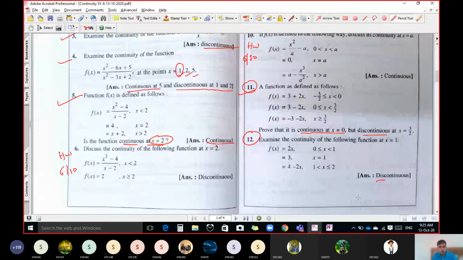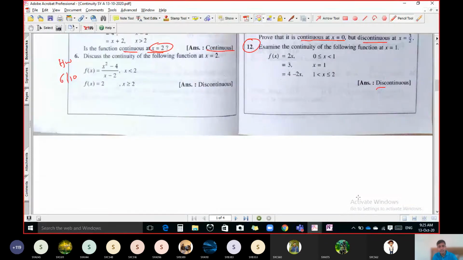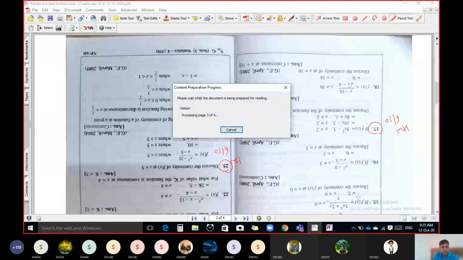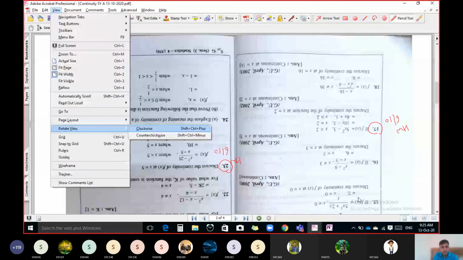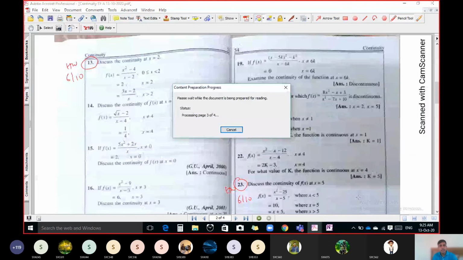Now let us do a few more questions so we get the practice. Question number 14. Discuss the continuity at x equal to 4.